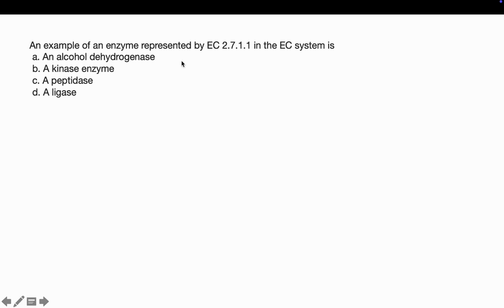An example of an enzyme represented by EC 2.7.1.1 in the EC system is what? At first we have oxidoreductases, and the second one is transferases, so EC2 is transferases here.